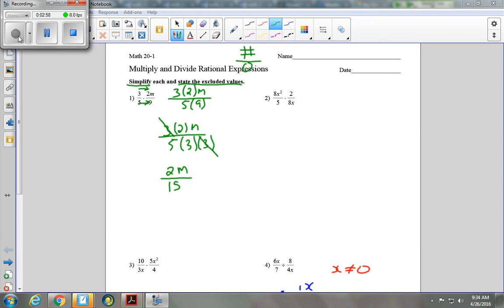M's not even in the denominator, so anything goes. We can put any number in for m, so there are no restrictions. So you could say where m is any real number, or no restrictions. Making sense so far? Yeah? Okay.